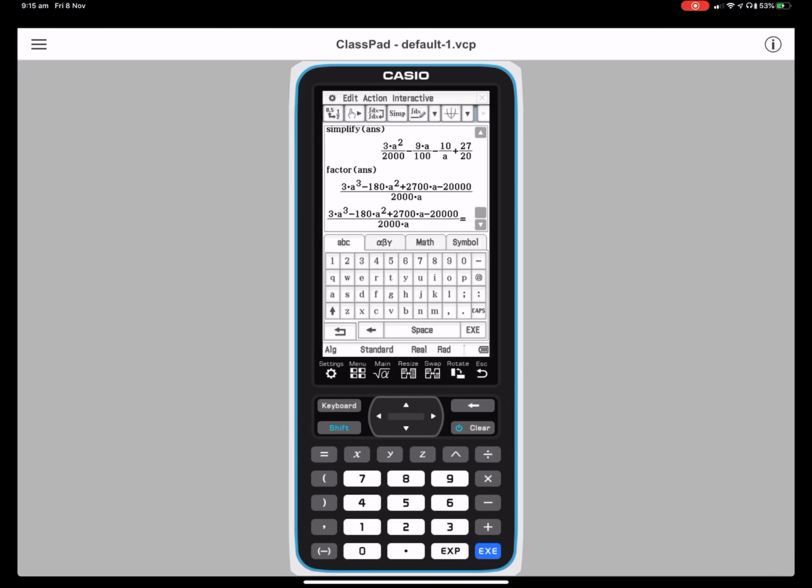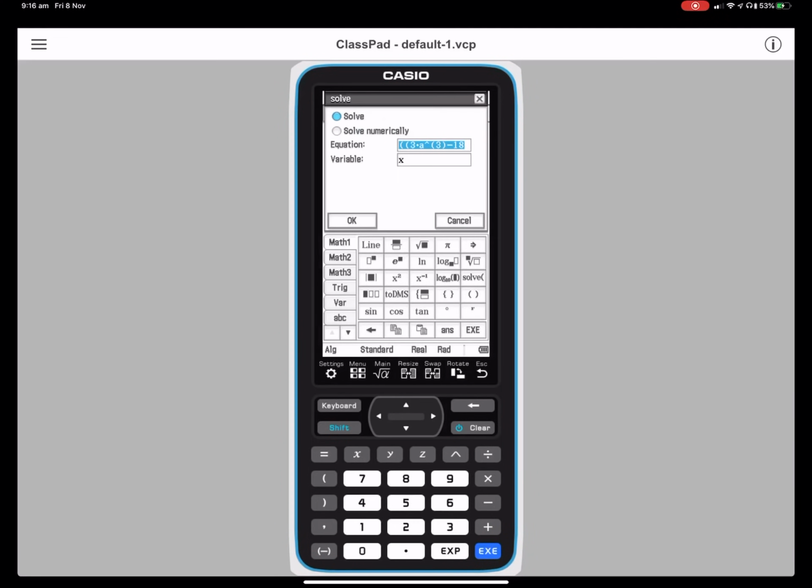Copy, paste, and we sub A for that, and A for that. Edit, select all, solve numerically.